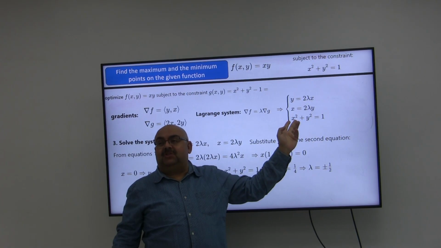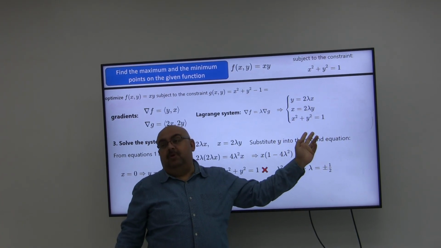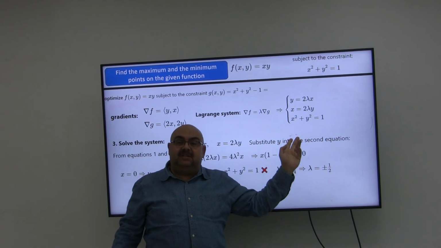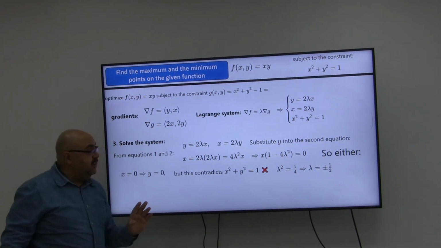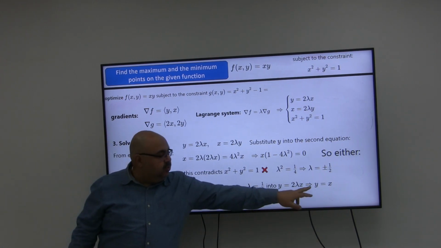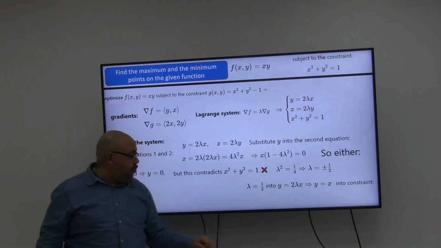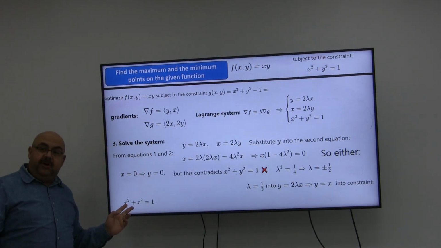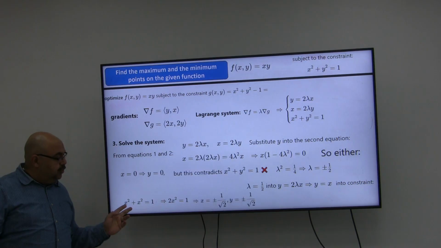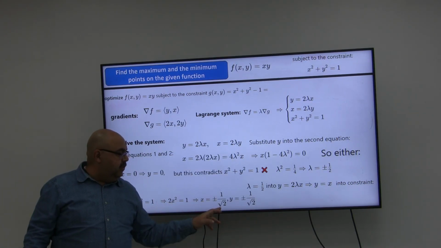So it's going to be 2x squared equal to 1, which means x squared is equal to 1 over 2, which leads to x is equal to positive or negative 1 over root 2.